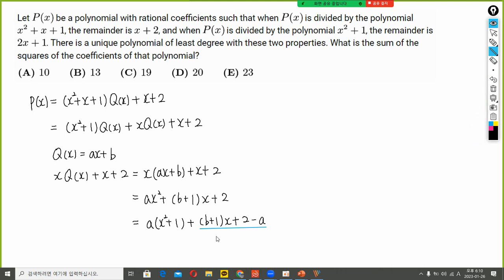If this expression is 2x plus 1, what's the value of b to make this 2x plus 1? That means b plus 1 is 2, so the value of b is 1. And what's the value of a?